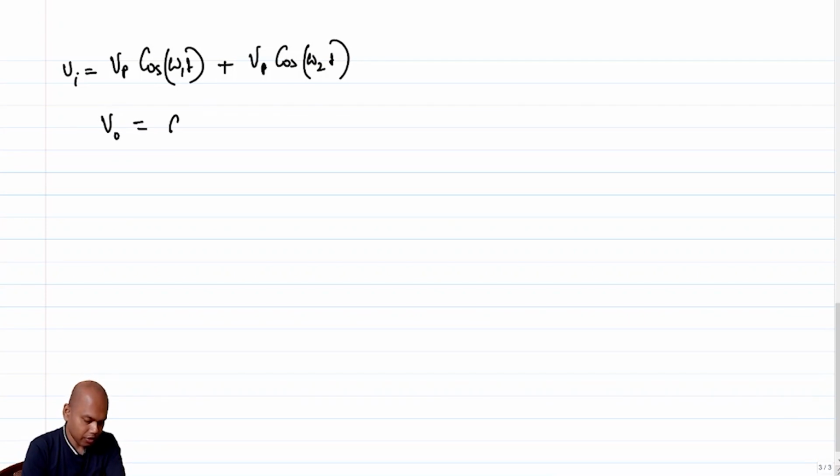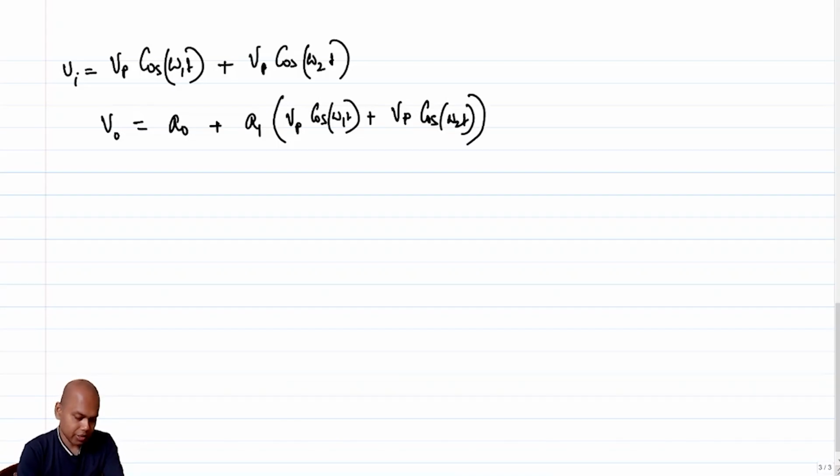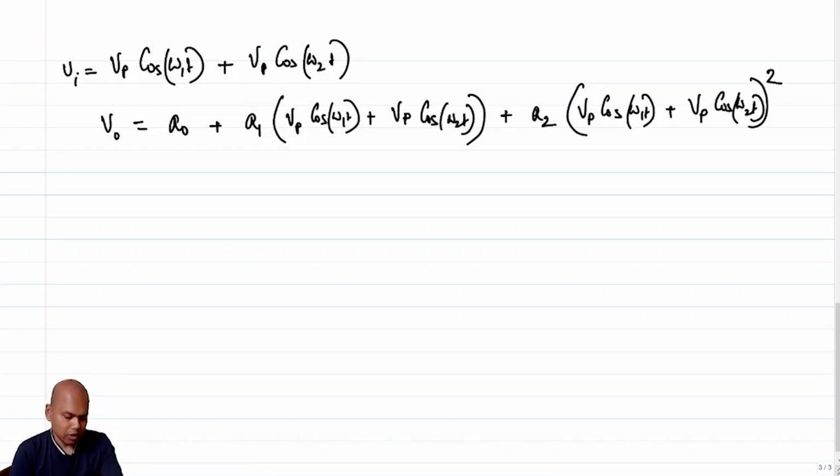At V0, we get the constant A0, then we get the linear term, which is not of surprise, that we are anyway supposed to get, but we get an additional term which is the square of this, Vp (cosine omega 1t plus cosine omega 2t) whole square, right?